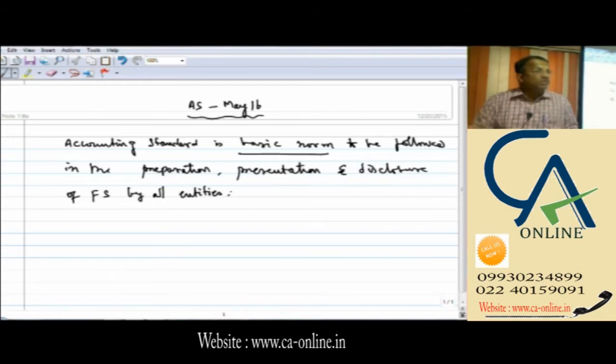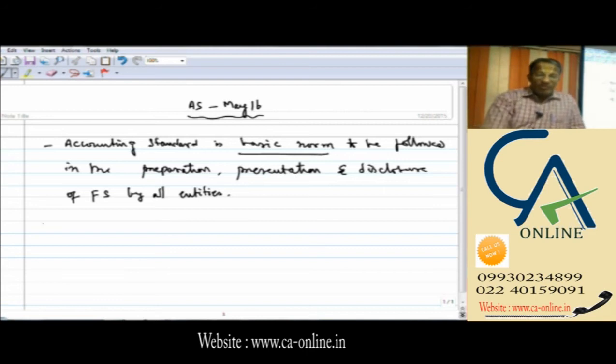It is a basic norm to be followed by all entities in the preparation, presentation and disclosure of financial statements. Basic thing. Only then can the utility of financial statements be achieved. What you are doing it for, that you will be in a position to achieve.